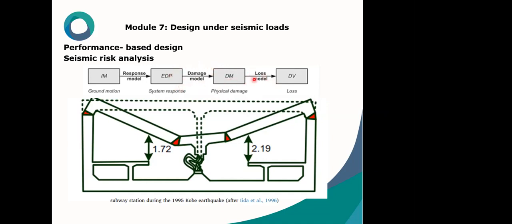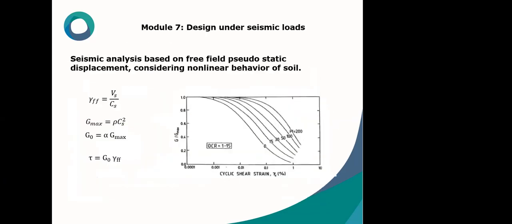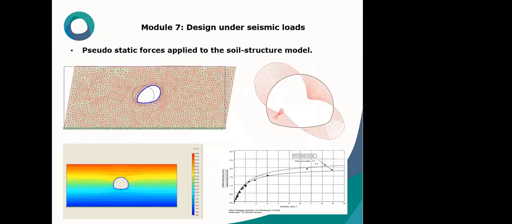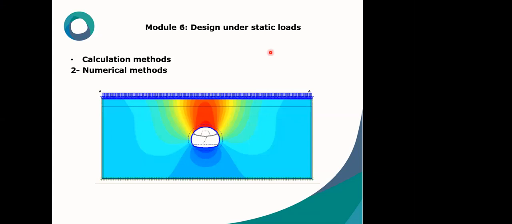Then we can estimate the loss, and help the clients choose at which level of damage the designer should design the structure, and it will help very much in the design. And here are the references, and I'm here if there is any question.